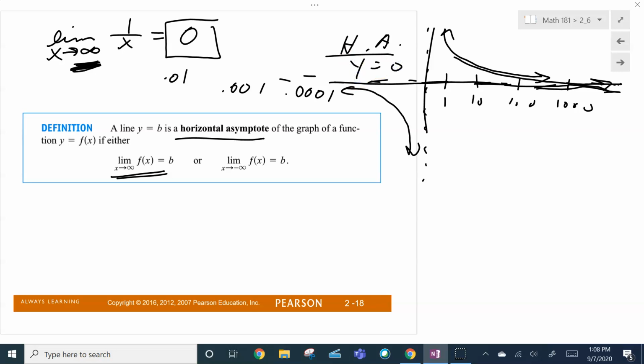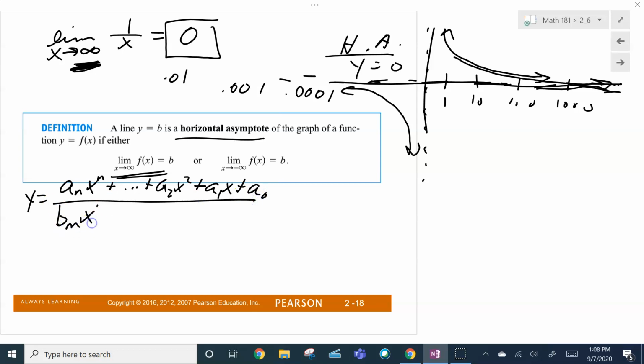Now, when we were in pre-calc, we gave you 3 rules. If we had a polynomial function, a_n x to the n, plus and so on, plus a2 x squared plus a1 x plus a0, over b_m x to the m, plus and so on, b1 x plus b0. The degree is what was very telling.